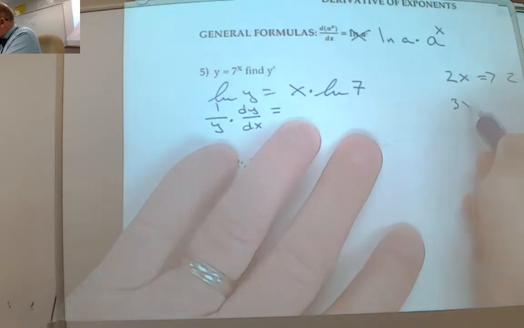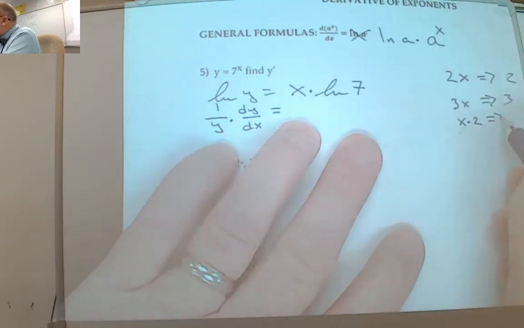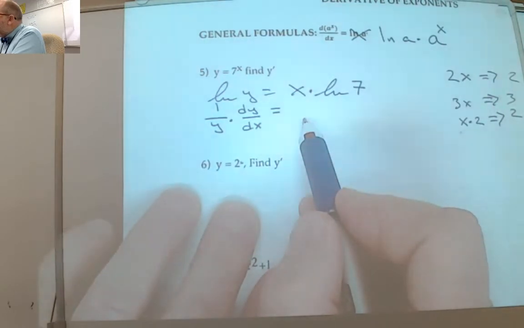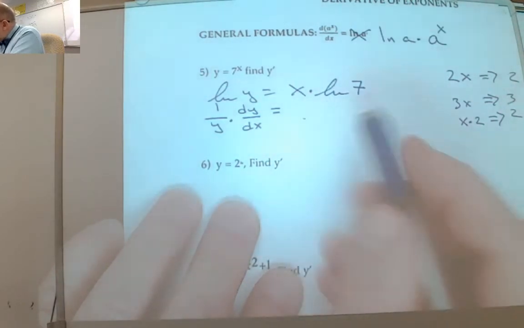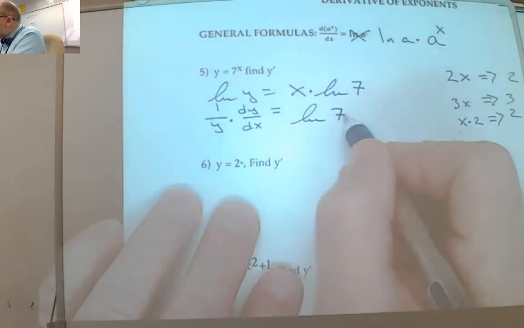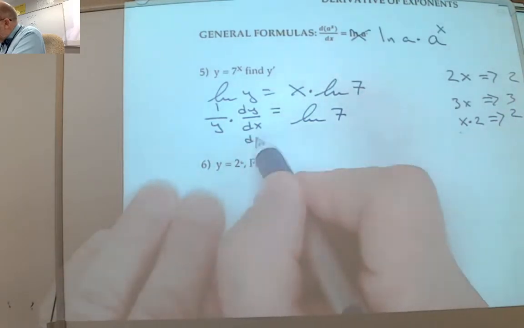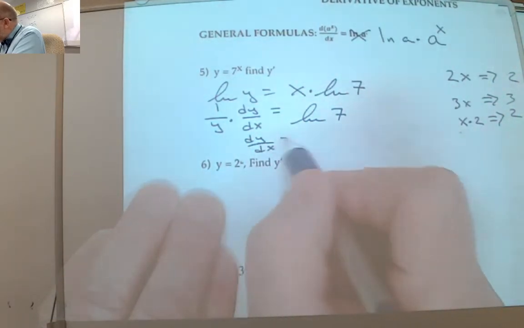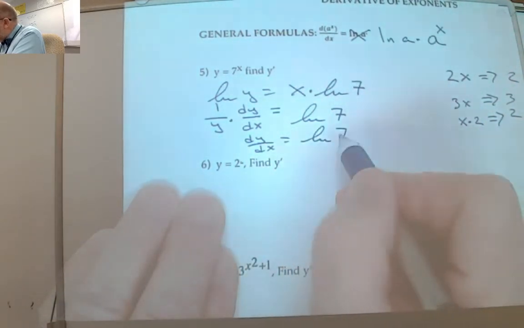Almost 7. Natural log. Okay. So that means dy/dx is equal to the natural log of 7 times what?